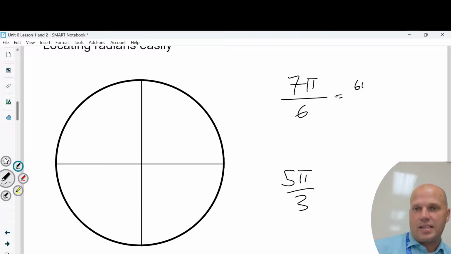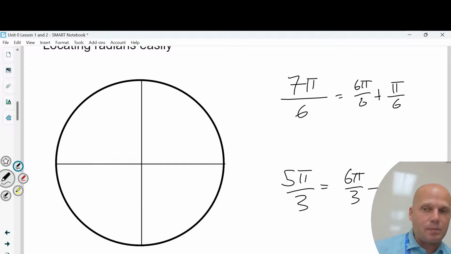This, I would say, is 6 pi over 6 plus a pi over 6. This, I would say, is 6 pi over 3 minus a pi over 3. You could do 3 pi over 3 plus 2 pi over 3, but it's not as easily done as 6 pi over 3 minus a pi over 3.